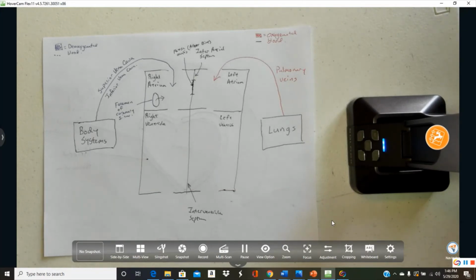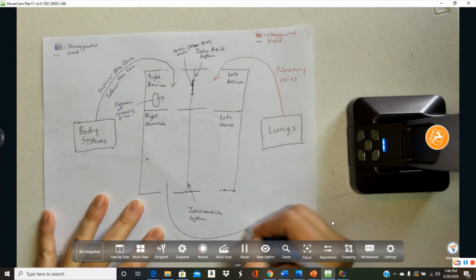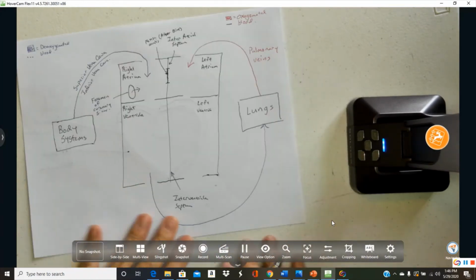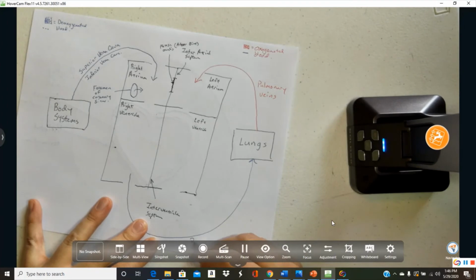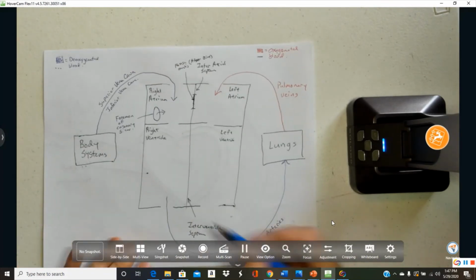Now, what's happening here, guys, is in these two ventricles, the right ventricle is going to pump deoxygenated blood to the lungs using the pulmonary arteries. Arteries always go away from the heart, so your pulmonary arteries go out here.